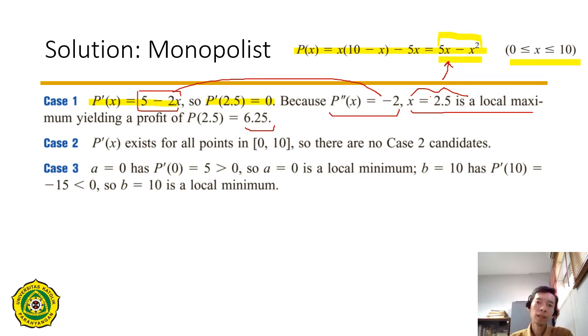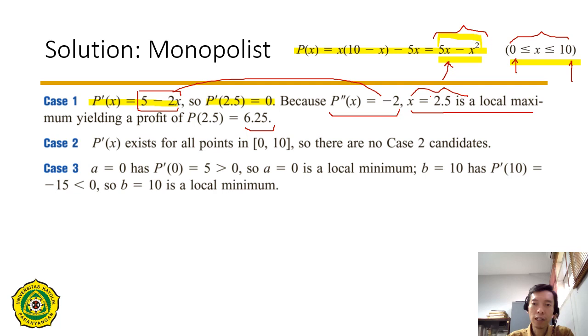And then for the second case, because this function is continuous for all x in this range, the first derivative exists for all values of x between 0 and 10, so we do not have any candidate from case 2. In case 3, we are going to check the lower bound and upper bound of the boundaries of x.